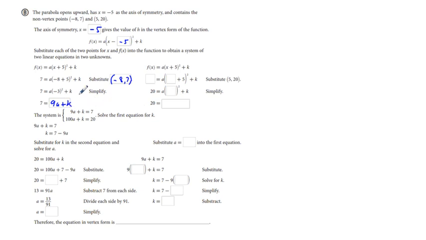So one equation, two unknowns. Now the right side, we can take this point (5, 20). So we have 20 equals a.